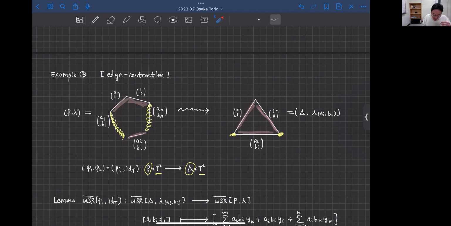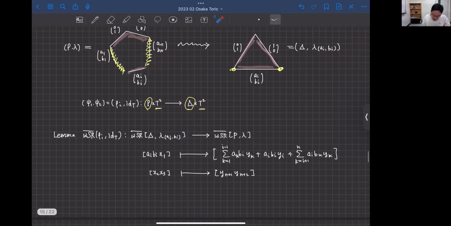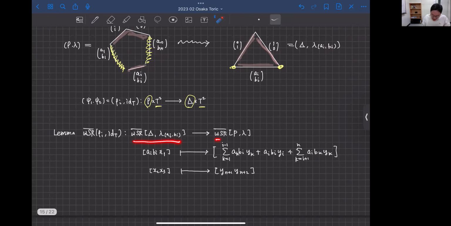And then similarly, since we have this compatible pair, we can think about the toric morphism X of psi1 and psi2, and then we can think of the commutative diagram, which I showed you just several minutes ago. We have this map at the level of weighted Stanley-Reisner ring, and the map is given like this.